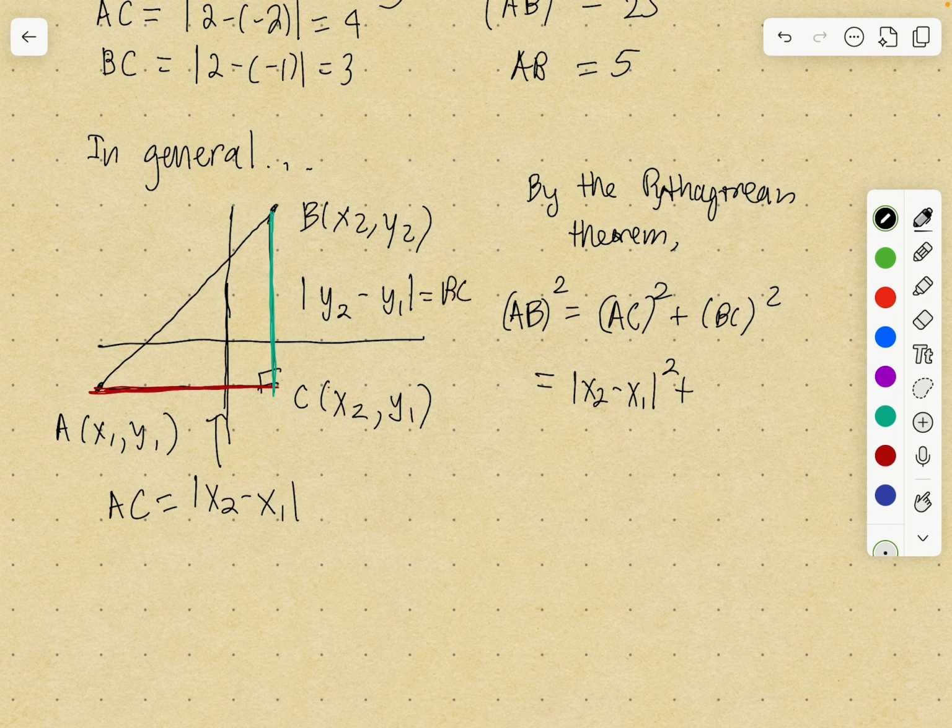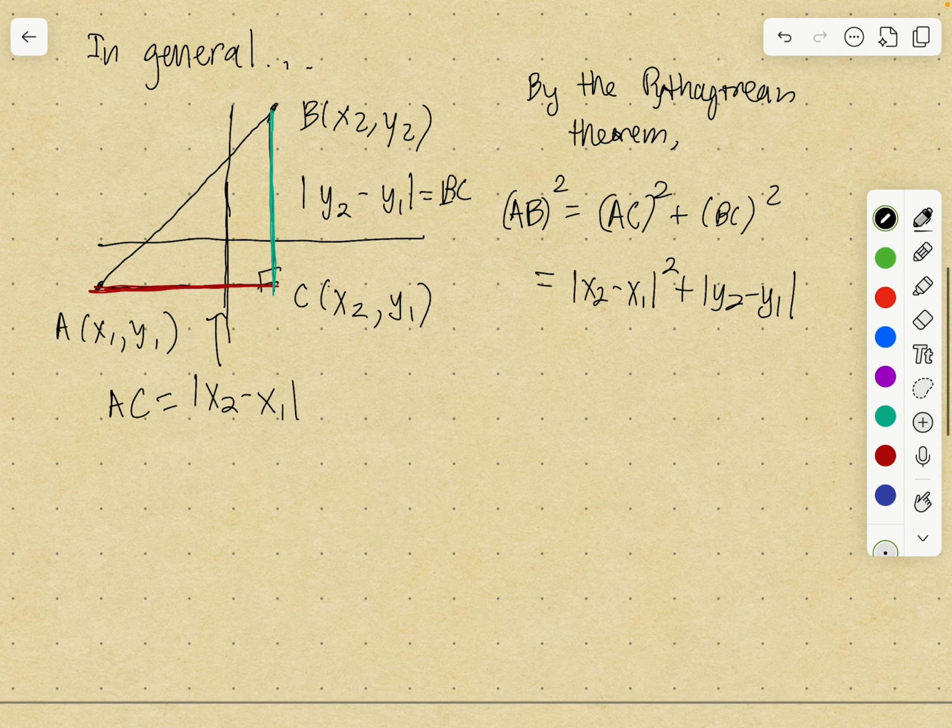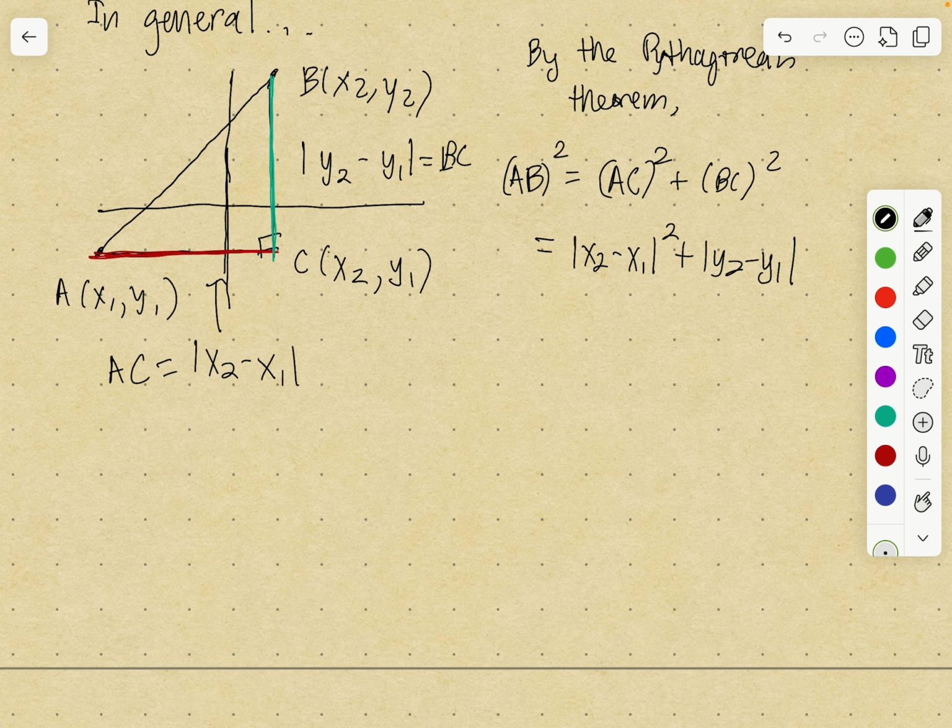BC is the absolute value of y2 minus y1. Now remember, why are we putting absolute values? Because in this picture, x2 was bigger than x1 and y2 was bigger than y1. But in general, they don't have to be. So you need absolute values to make sure it's positive.